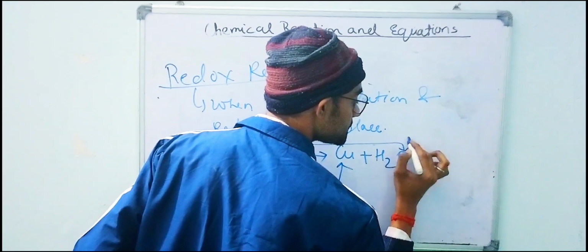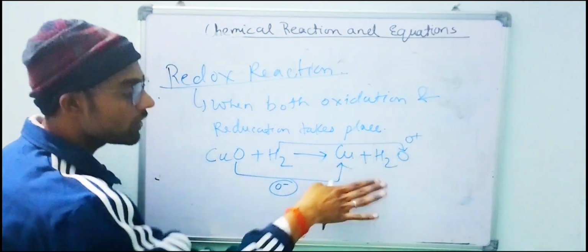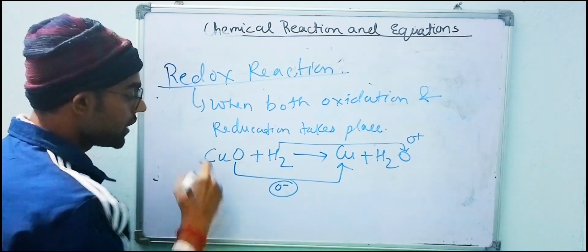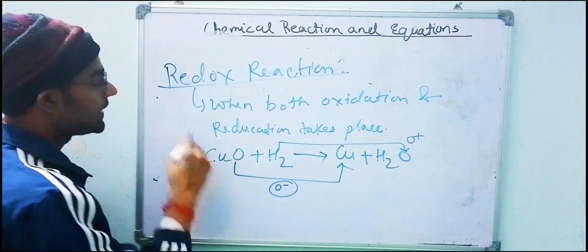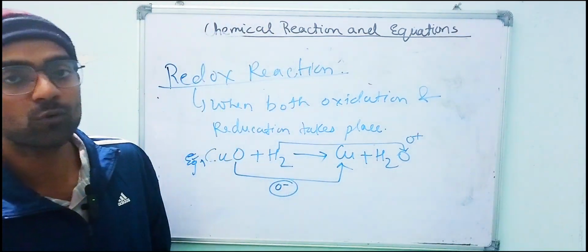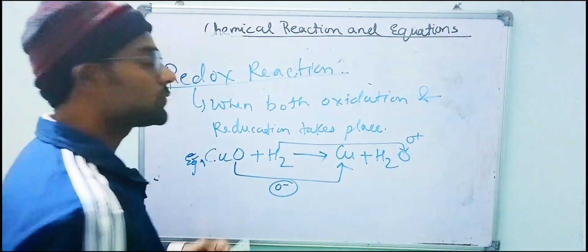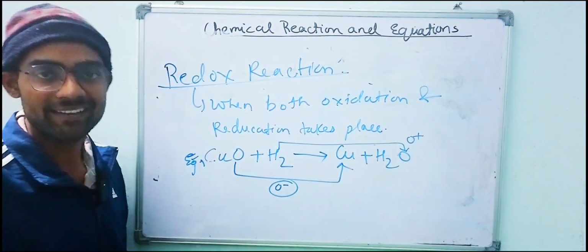Addition of oxygen is oxidation and removal of oxygen is reduction, so it is an example of a redox reaction. When oxidation and reduction both take place together, it is known to be a redox reaction. And now the next point we will discuss is corrosion and rancidity.